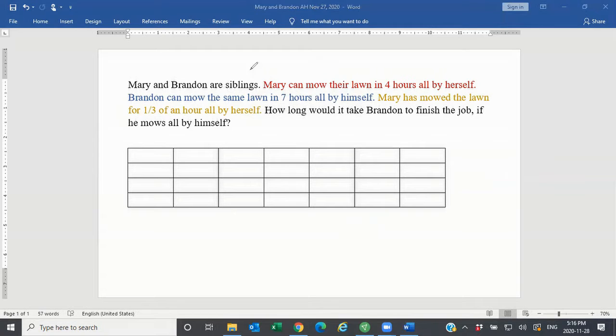Now, we're going to find out how much of the lawn Mary could do in 1 hour to simplify the question. Mary could do the whole lawn in 4 hours all by herself, then that means in 1 hour she should be able to do 1/4 of the lawn, simply because 1 is 1/4 of 4.